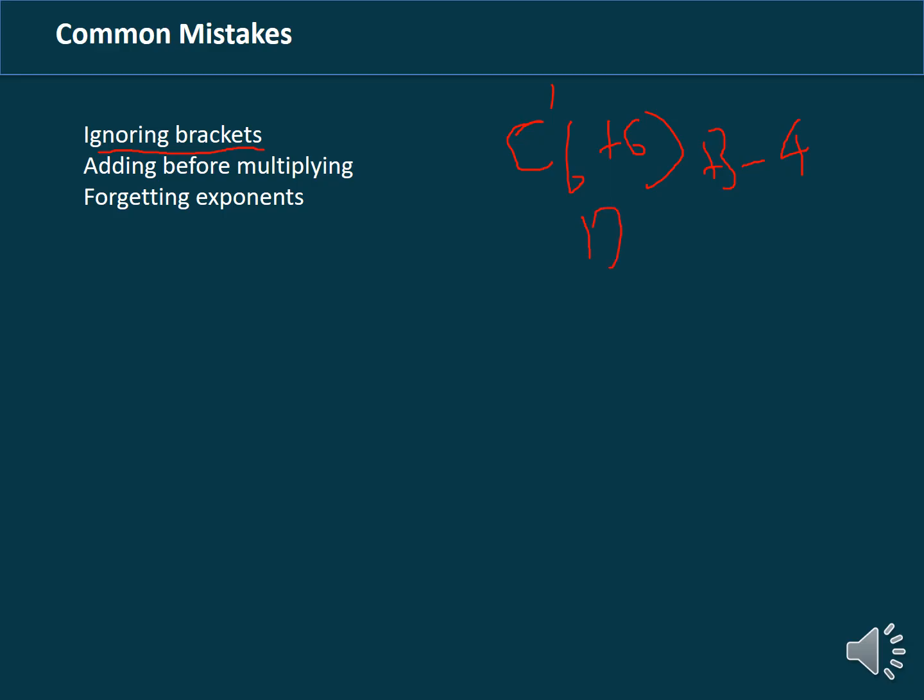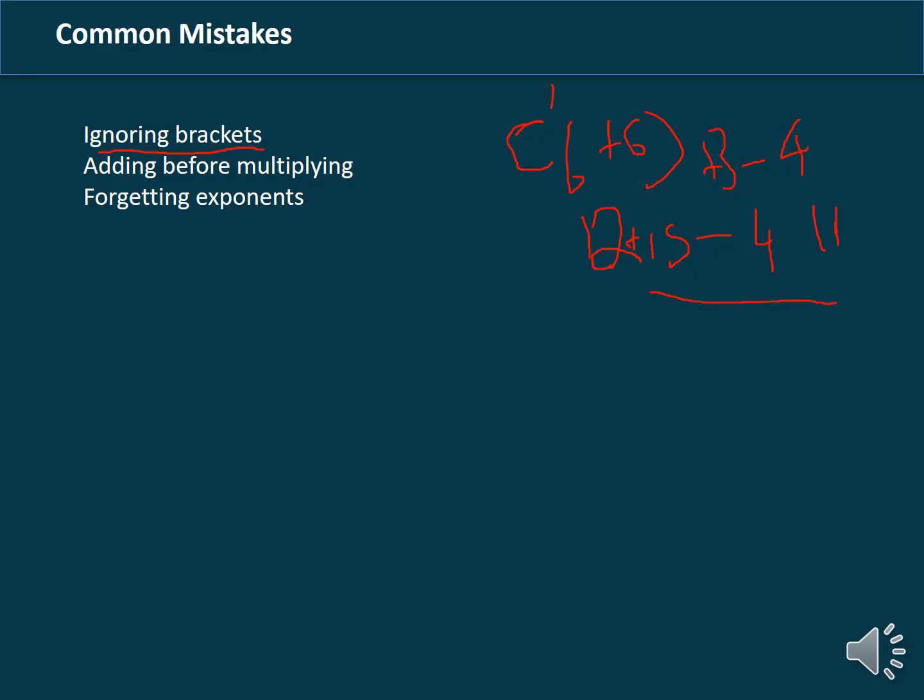But then some people just ignore it entirely and just go 3 minus 4. Well, what does that equal? Well, we don't know because we first have to do 6 plus 6, 12. Then we do 12 plus 3, 15. And then we do 15 minus 4. What does that equal? That equals 11. Alright? So we understand, right?